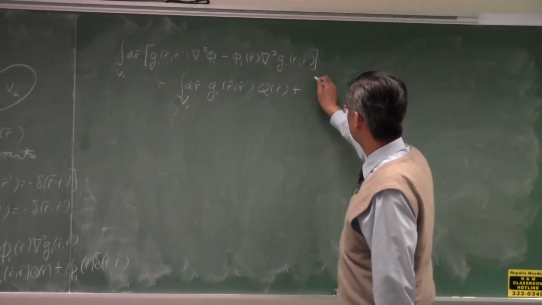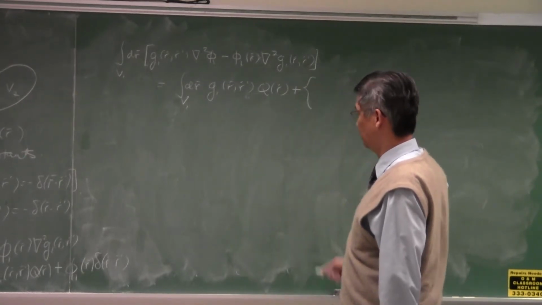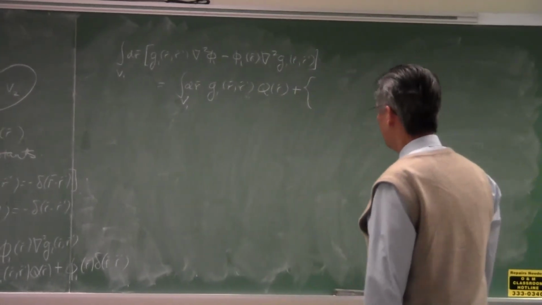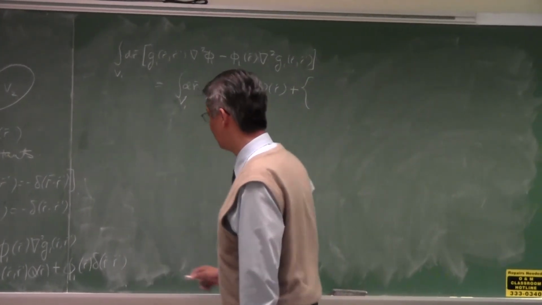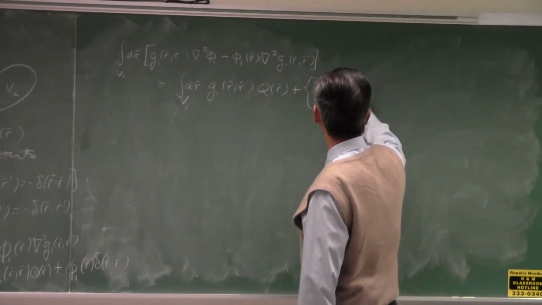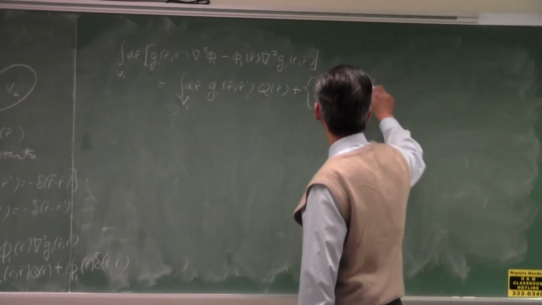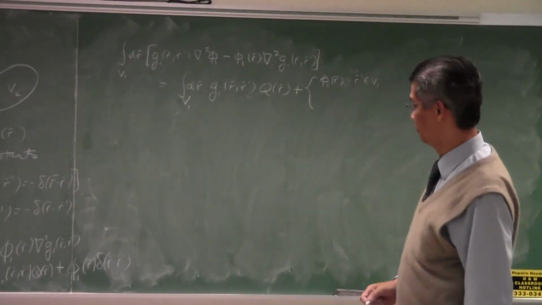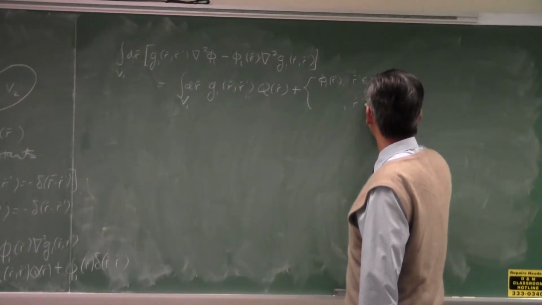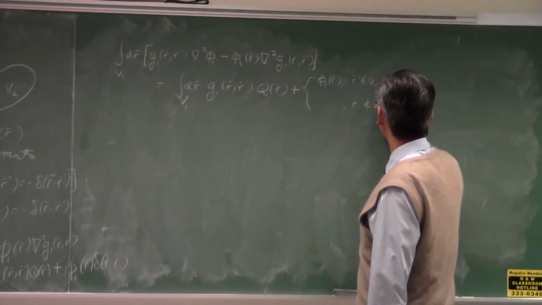The last term is equal to, depending on where your R' is. If your R' is inside V1, the last term will produce phi1(R') if R' belongs to V1. If R' is not in V1, what does it produce?